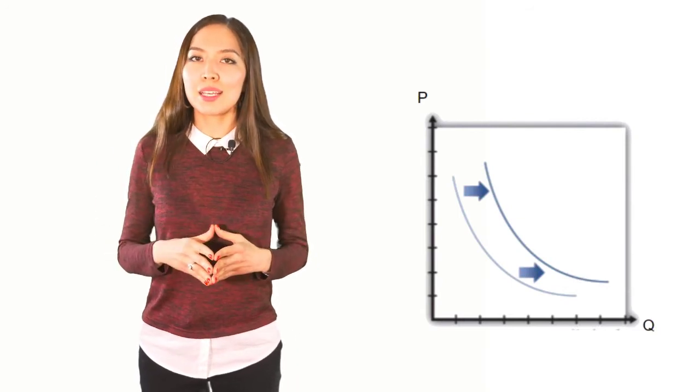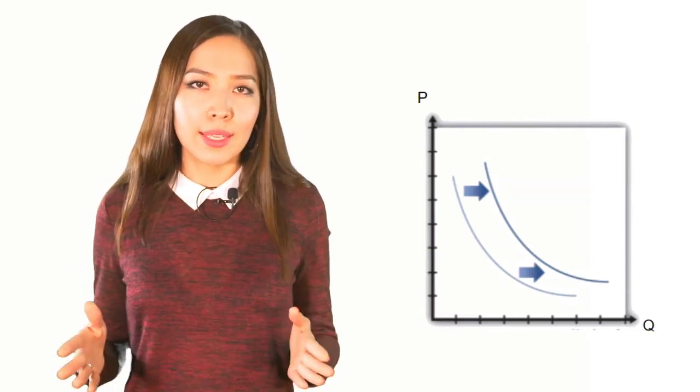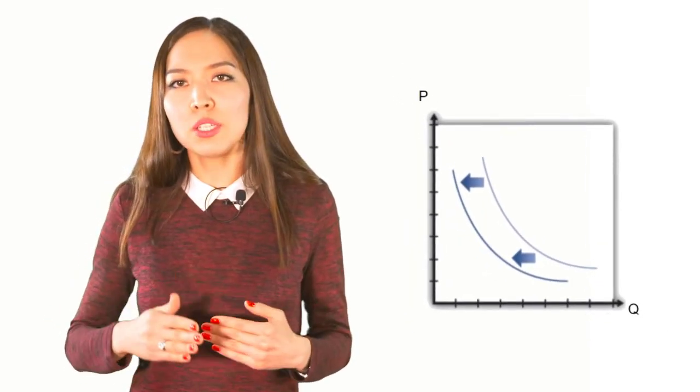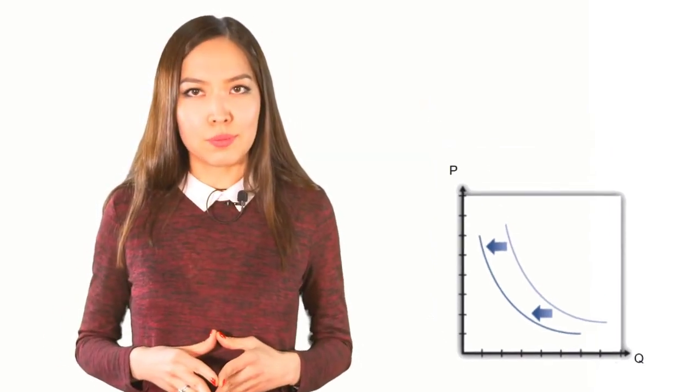This means that at any given price, you will buy more of the good when income increases. In the case of an inferior good, an increase in income will cause the demand curve to shift inward. You will buy less of the good when income increases. We illustrate these two cases in these two graphs.